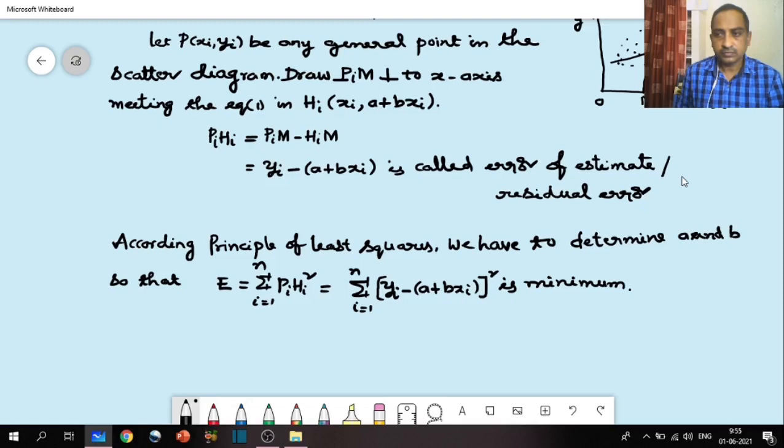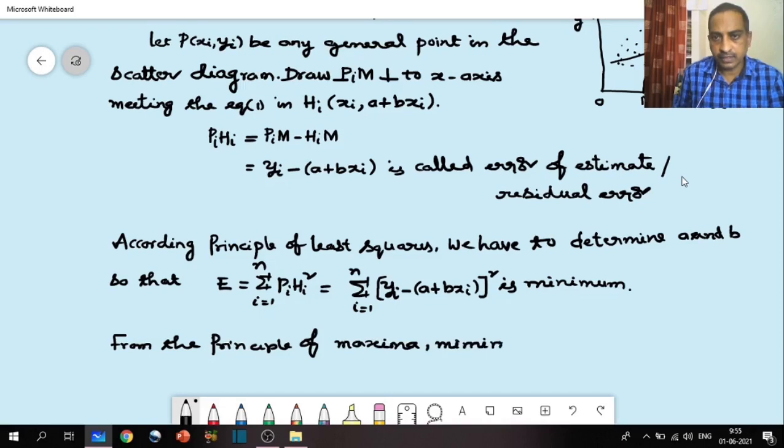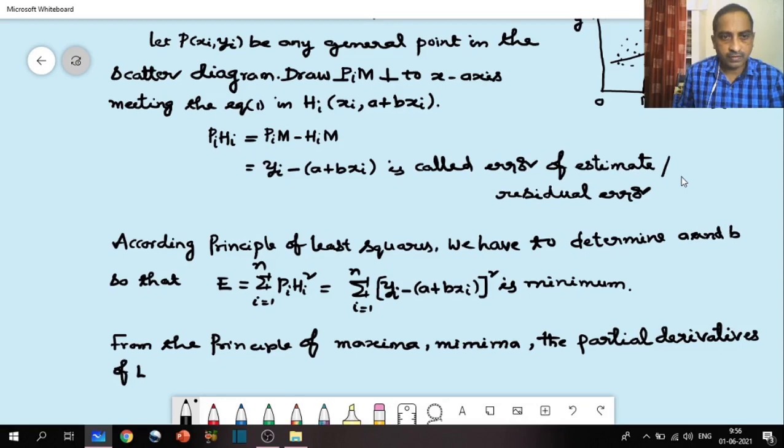Right? So now from the principle of maxima and minima, the partial derivatives of E with respect to a and b should vanish separately, right?